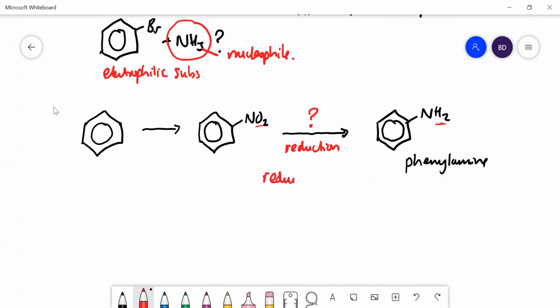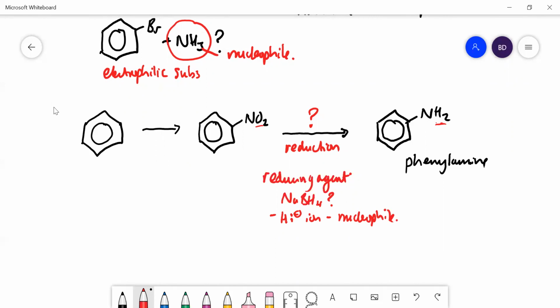The reducing agents we've come across in organic chemistry before, well, we've come across sodium borohydride, haven't we? That won't work though, because it's a hydride ion, and that is a nucleophile. It's not going to work here.